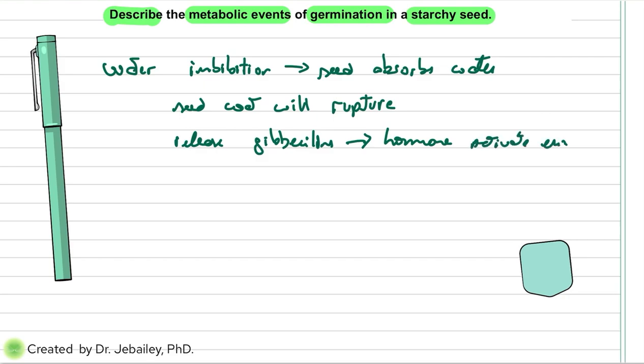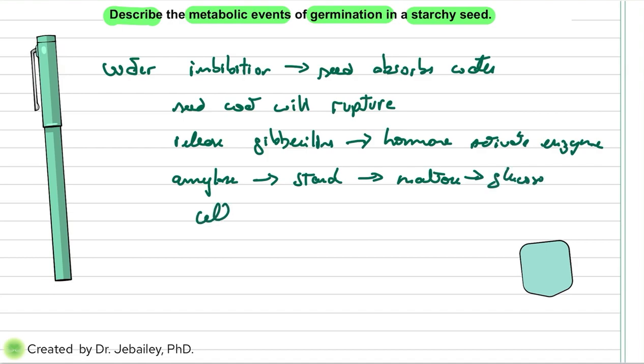an enzyme. Now, the name of the enzyme in this case is amylase. And what does amylase do? It basically breaks starch into maltose that will eventually be broken down to glucose. And of course, cell respiration will happen, where you're basically going to use glucose for energy.